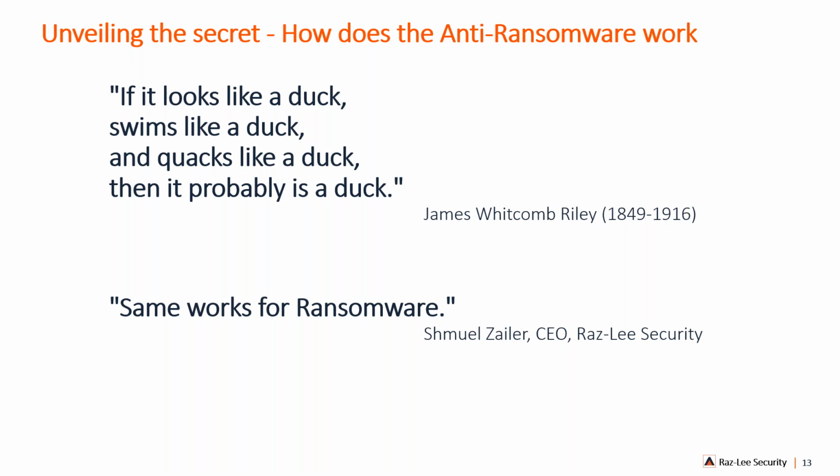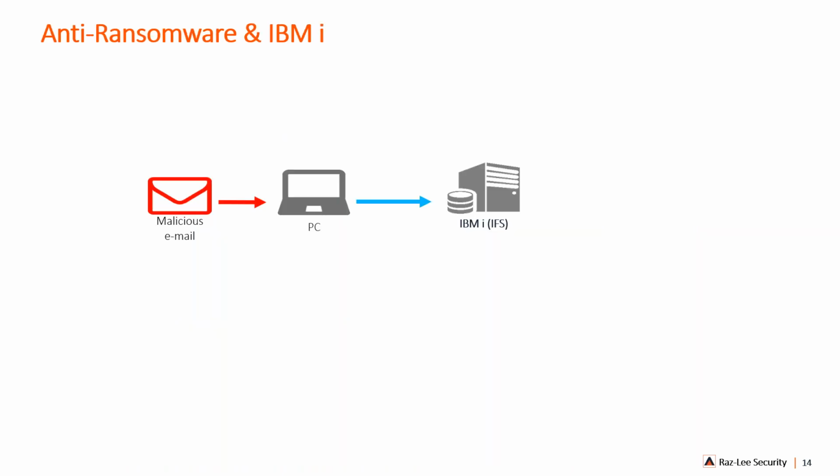and according to this, understand if this is a ransomware or a regular operation. So with the anti-ransomware in place, if the malicious email starts infecting, it will infect the PC, but when it reaches the IBM i folder, here in real time, we shall detect the activity.